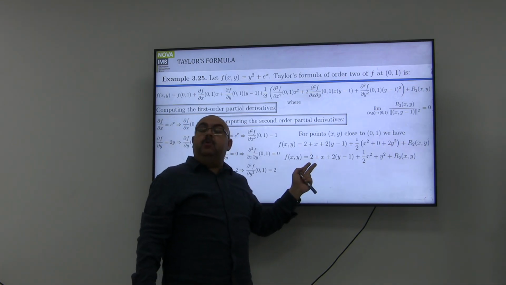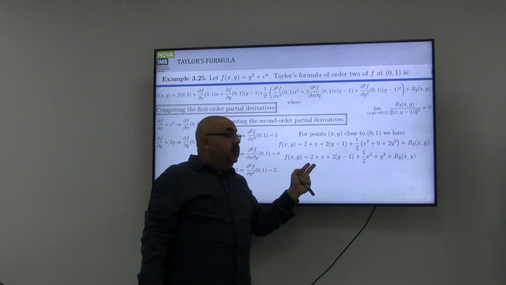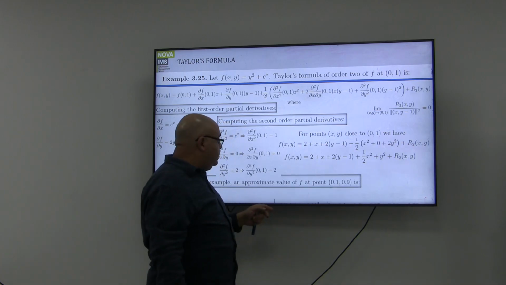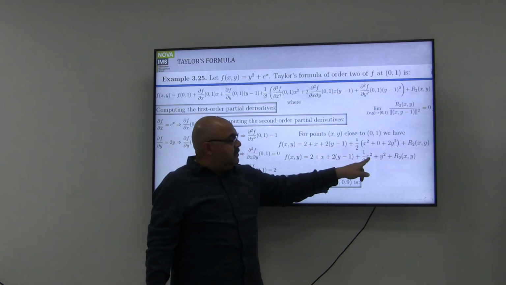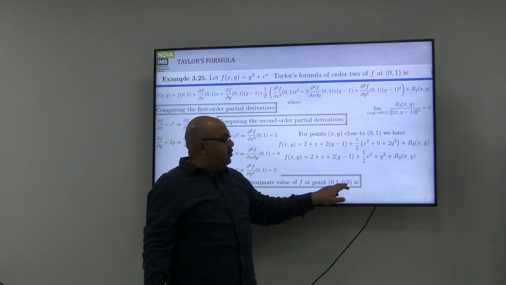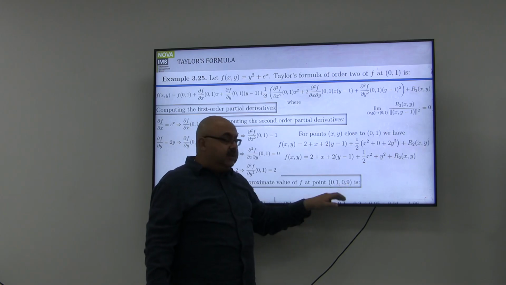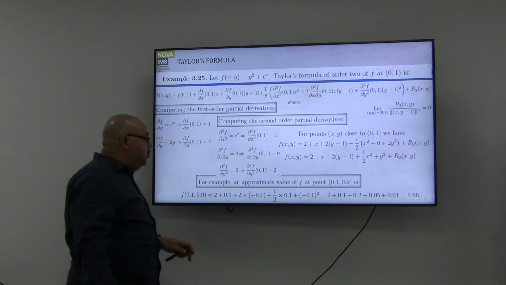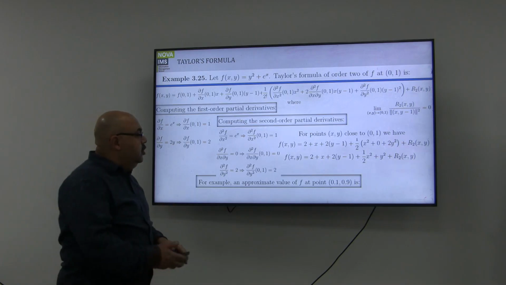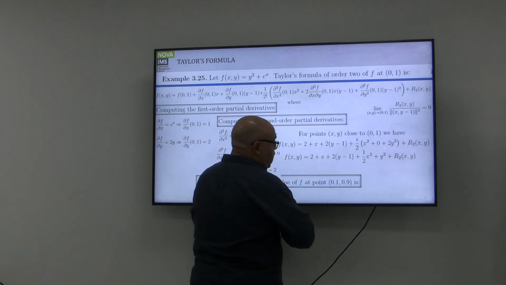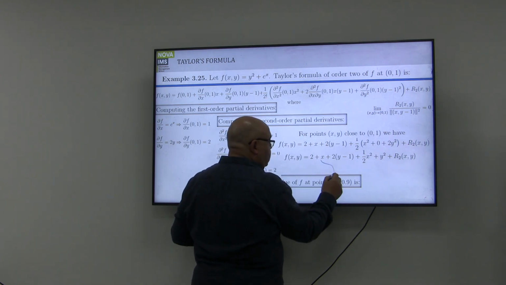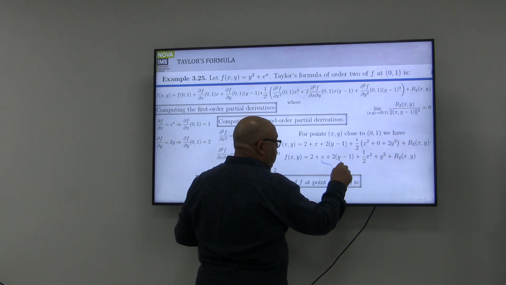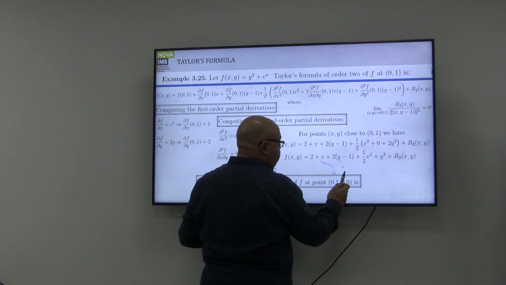value. So if I want, for example, to approximate near the point 0.1 and 0.9, all I have to do is to replace x by 0.1 and replace y by 0.9, as you can see. Then you will be able to get the value of your problem. I'm sorry, in order to get these values, I will use x equal to 0.1 and y equal to 0.9.